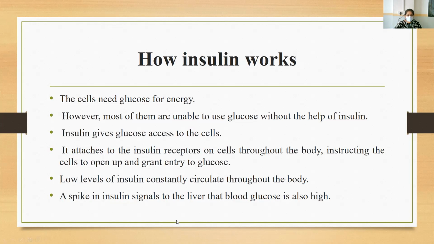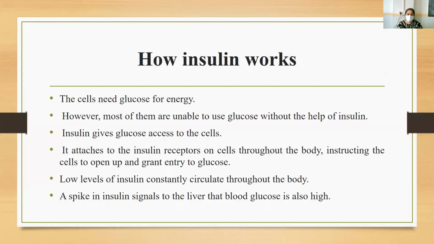A spike in insulin signals to the liver that blood glucose is also high. Like the security guard, as he sees something, he immediately whistles or gives the message. Same way, whenever there is a lot of carbohydrate in the blood, immediately the insulin goes up. So immediately the liver senses, okay, there is an increase in the level of insulin, which means the blood glucose is high. Now the liver has to start working.